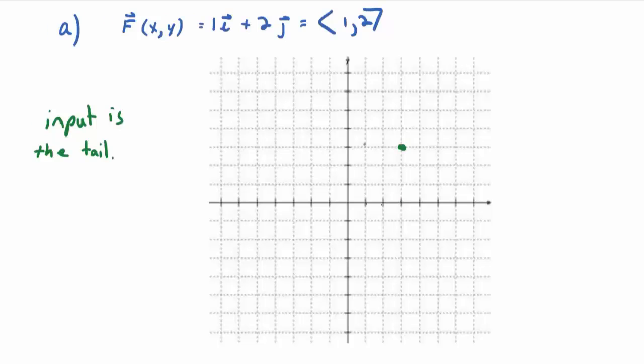In this case it doesn't matter, because the vector field is a constant. I'm going to go from that tail right 1 and up 2. All the vectors, no matter what the input is, are going to look the same. So I don't really have to pay much attention to what the input is. Wherever I pick my point, I go over 1, up 2.